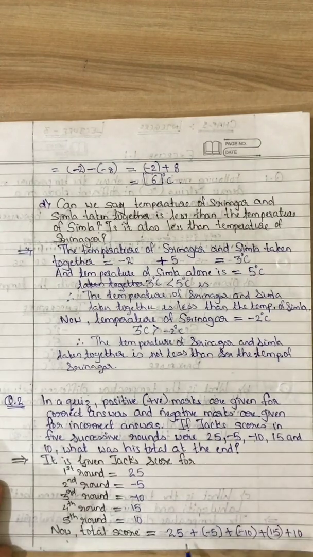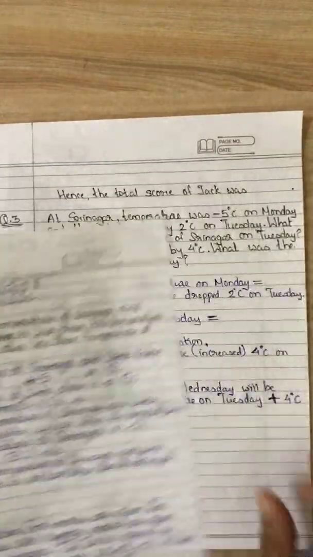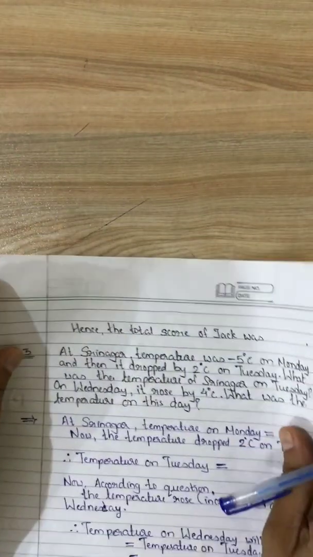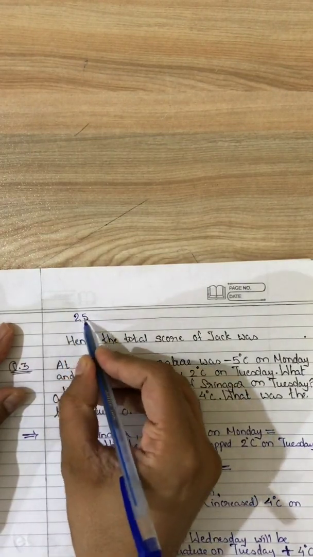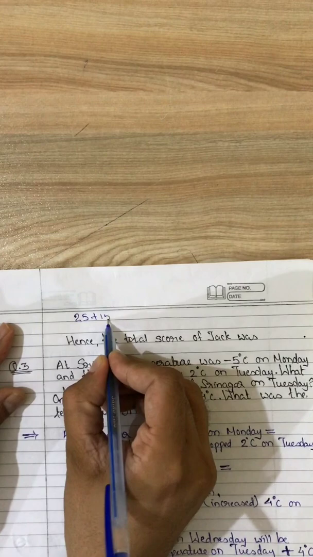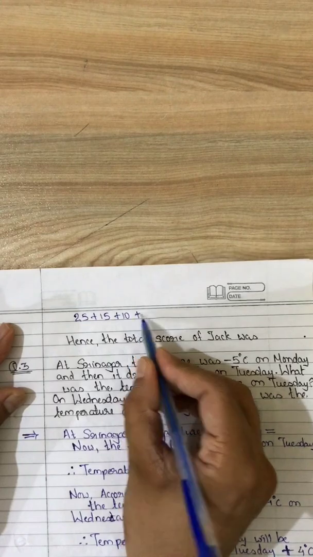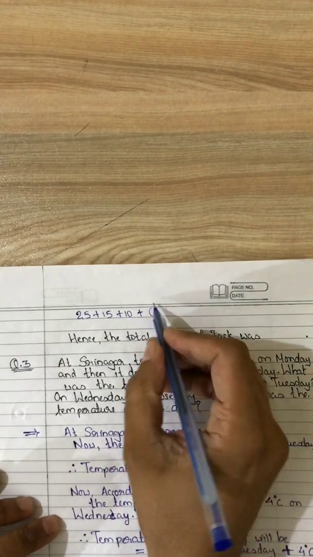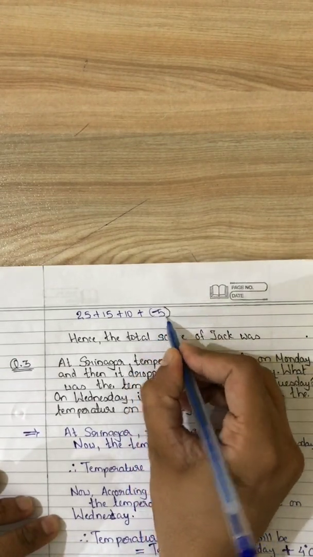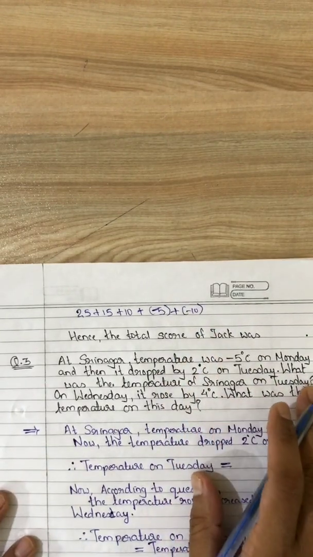So we will take 25, 15 and 10 together: 25 plus 15 plus 10, and then we are taking the negatives, -5 plus -10. Now we will add them.